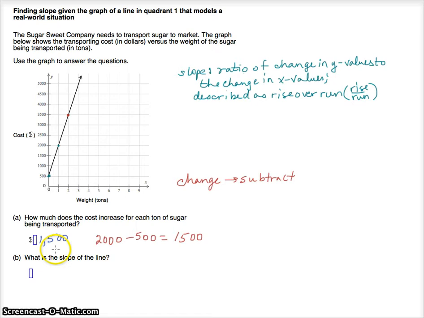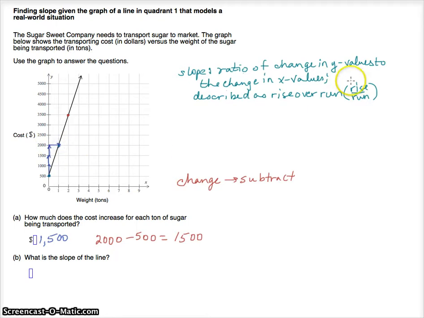So to find the slope of the line, we'll just say, what's the rise compared to the run? So if you look here, we'll start at 500 and we'll go up 500 to 1,000, so it'll be 500, 1,000, 1,500, and then if you look, it intersects the line at 1.